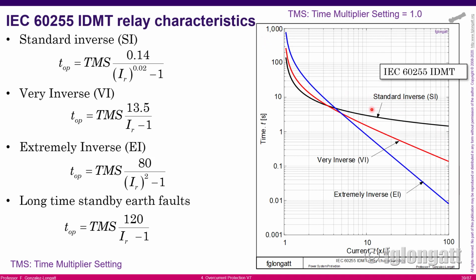However, if you look over here, for the standard inverse curve, the difference in operating time between low currents and big currents is very small. What I'm trying to say is that the difference between standard inverse, very inverse, and extremely inverse is not only the shape of the curve. The shape of that curve represents how fast or how slow the relay will work, but the different curves define the margin, the gap between low current and high current operational times.